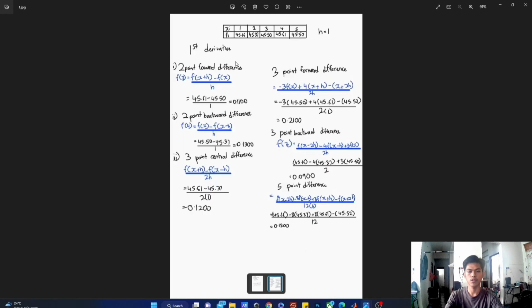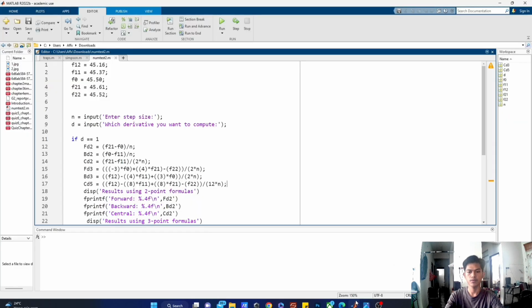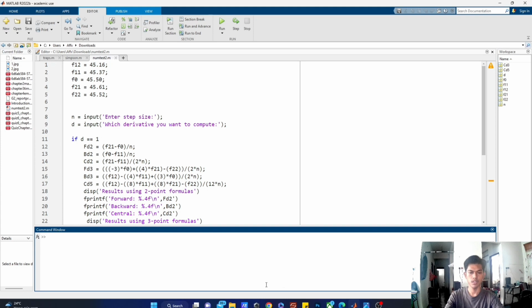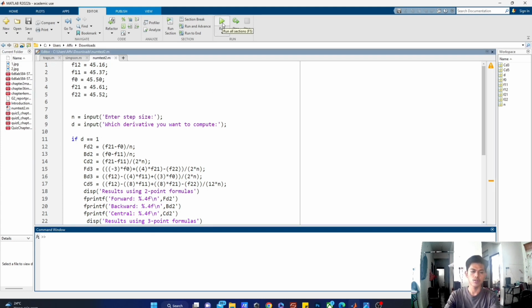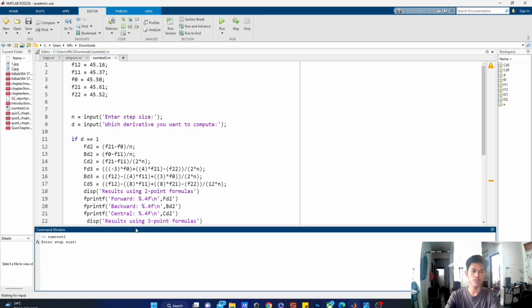The first equation for the first derivative is f(x+h) minus f(x), divided by h. When we want to see whether the answer is correct, we need to run the simulation.